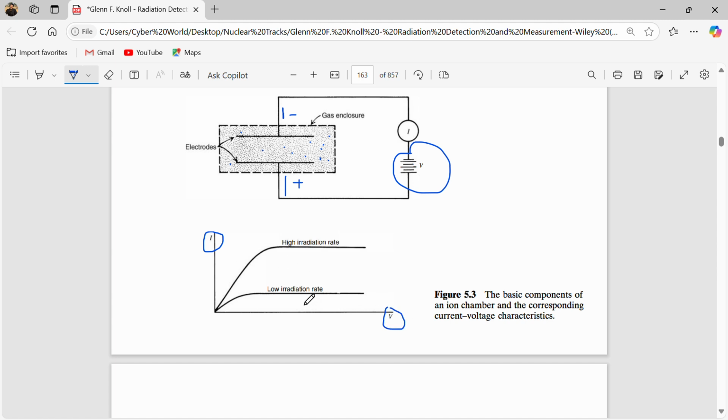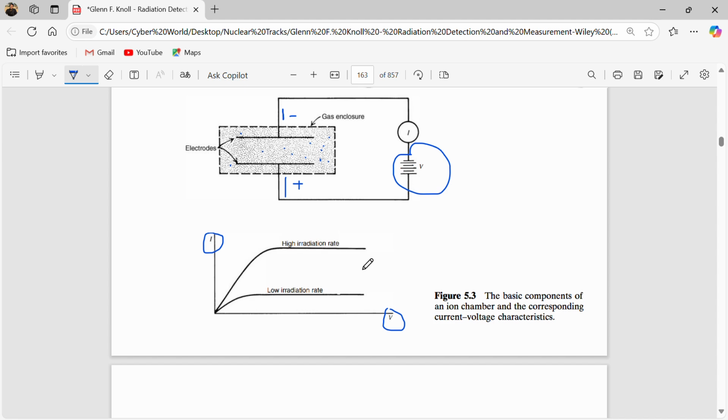These are the basic components of the ion chamber and the corresponding current-voltage characterization. You can see this small peak and this large peak we are getting. The small peak is basically for the low irradiation rate, understood, and the large peak is for the high irradiation rate.